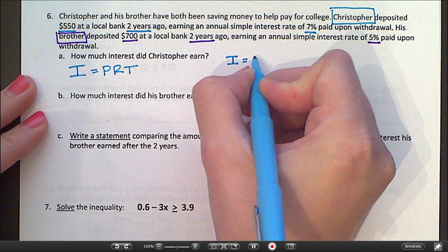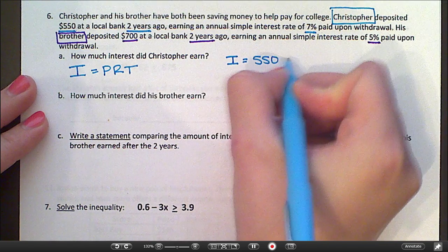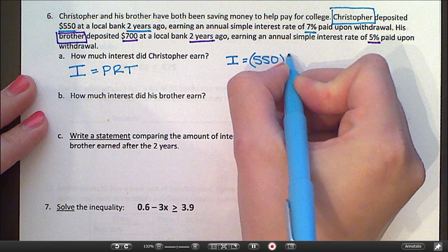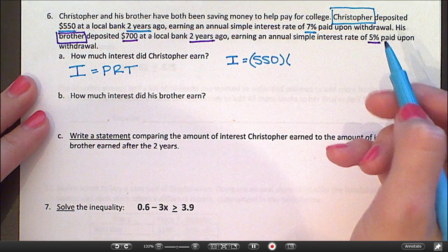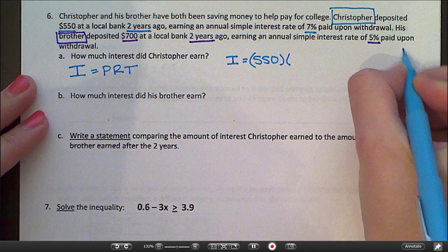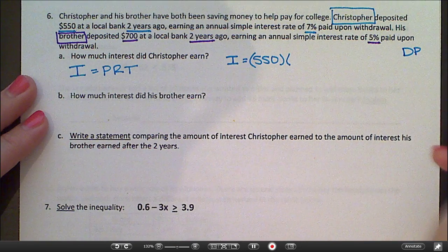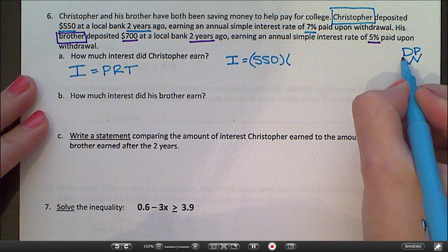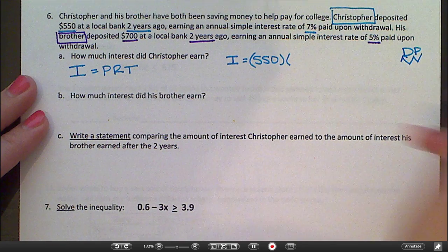Interest equals 550 times the rate. Now 7% has to be changed to a decimal. So remember that if I'm going from a percent to a decimal, I have to go 2 places to the left with my decimal point.